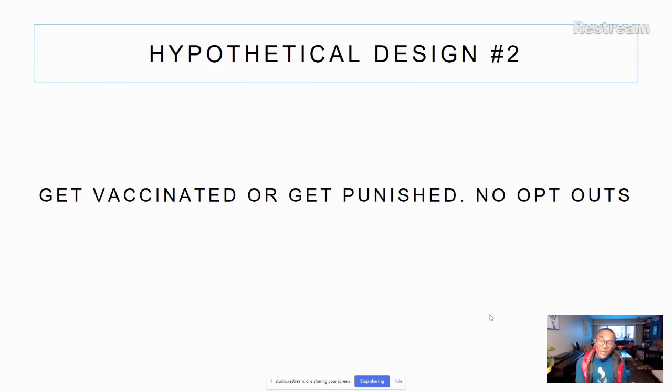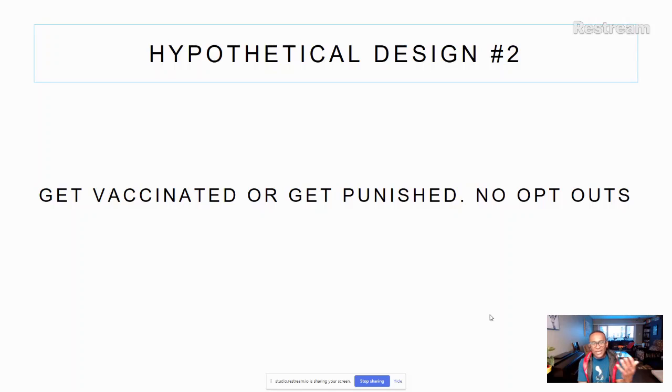They could enact a law where they say, get vaccinated or get punished. You go to jail or you pay a fine, no opt-outs. No exceptions. Everyone gets vaccinated. I think this will also face, most likely, a successful charter challenge. Why?